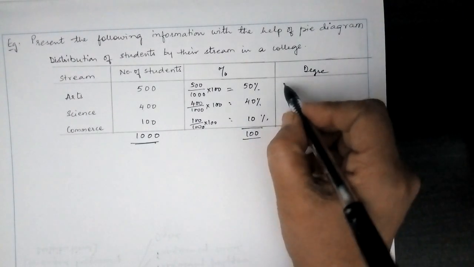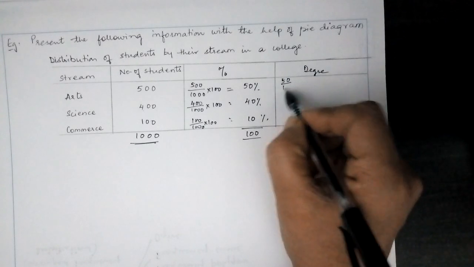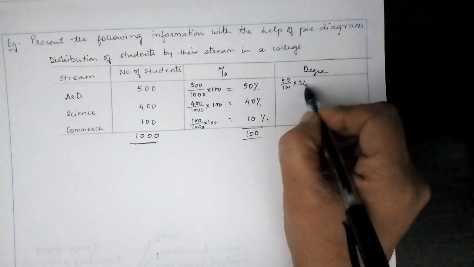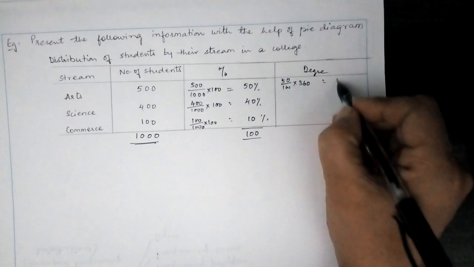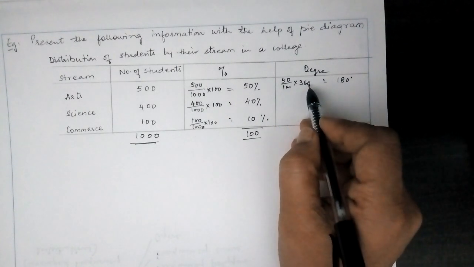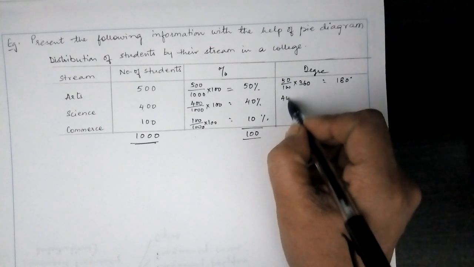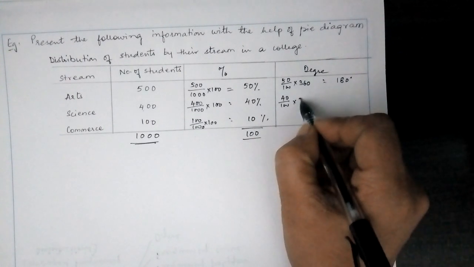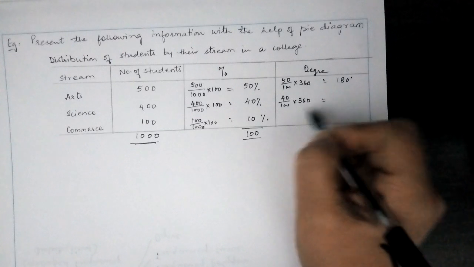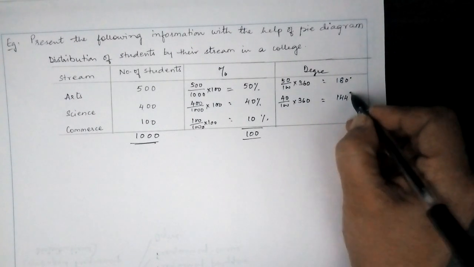Now we'll go to degrees. How will you calculate degree? We know 50% is 50 by 100 into 360. So this will be equal to 180 degrees. Since 50 by 100 is 1 by 2, 360 divided by 2 is 180. Now here we have 40 by 100 into 360, which will give us 4 into 36, 144 degrees.